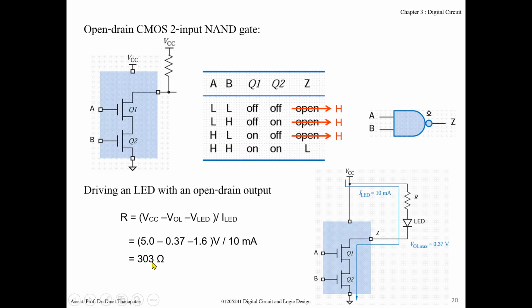But in practice, you cannot find exactly this value; the nearest values are, for example, 270 ohm or 300 ohm or 330 ohm. It's okay because the current may not be exactly what you planned, maybe 10.5 or 9.8 milliamp. It is still okay because the light from the LED is not so different.